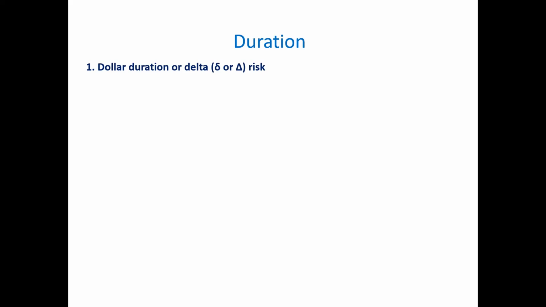We discussed price risk in the first lecture, so we can say price risk, or we can say interest rate risk. This is the risk that interest rates will suddenly go up, and as a result the price of the bonds goes down. So if a bond has price risk, then it's a good idea to measure this risk.